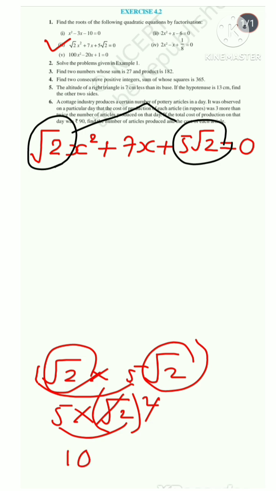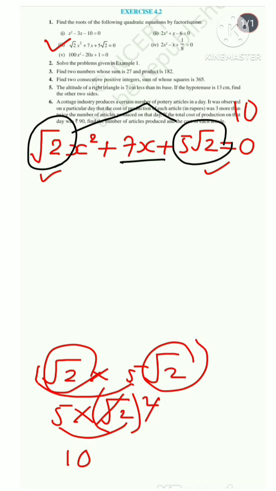In this way we have obtained, after multiplying root over 2 and 5 root over 2, plus 10, right? Now here in its middle term here is 7x, and now we have to break this 7 into two numbers so that the product of those two numbers will be 10 and the sum of those two numbers will be 7, right?